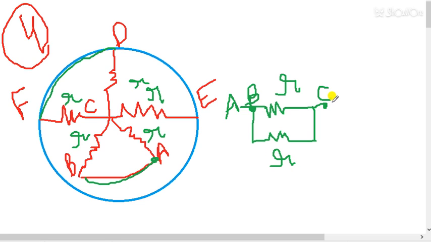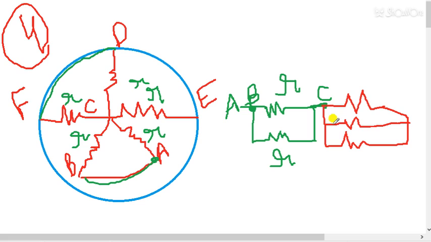Then students, this is point C, and we have to combine. C point is connected with how many resistances again? This resistance, and this resistance. That means I have to connect C with 3 resistances like this, and the 3 resistances have same potential.